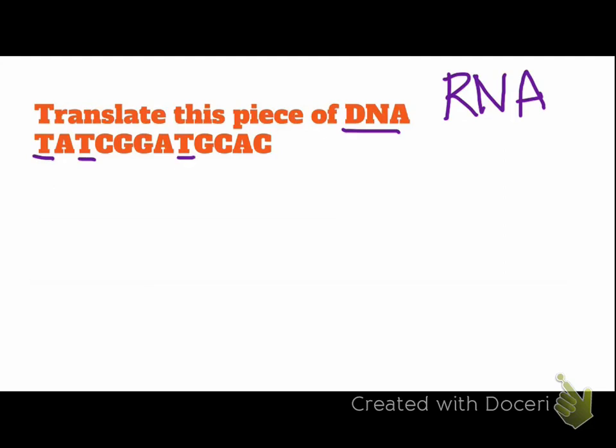So remember that DNA has T's and RNA has U's. So if you try and translate this piece directly, you're not going to find anything that corresponds to TAT. That's not going to match anything. So make sure that you transcribe this piece first, and then you're going to go back and translate it.